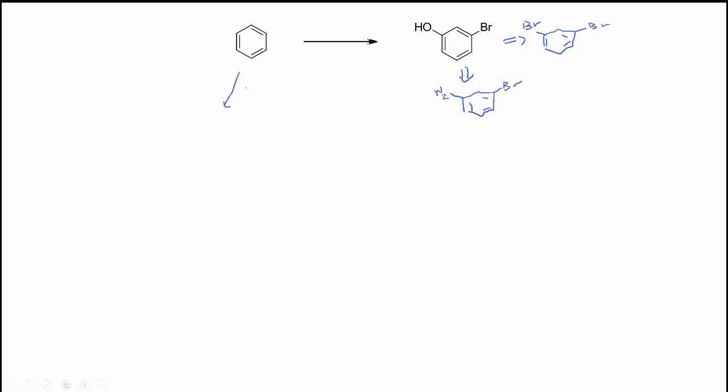So we want to add our nitro group first, which is a meta director. And because it's meta and I want my bromine meta, I can just add that right now. Then reduce my nitro group to the amine anyway.